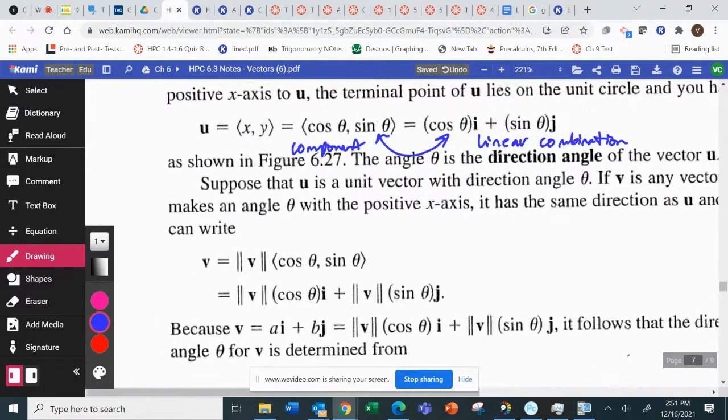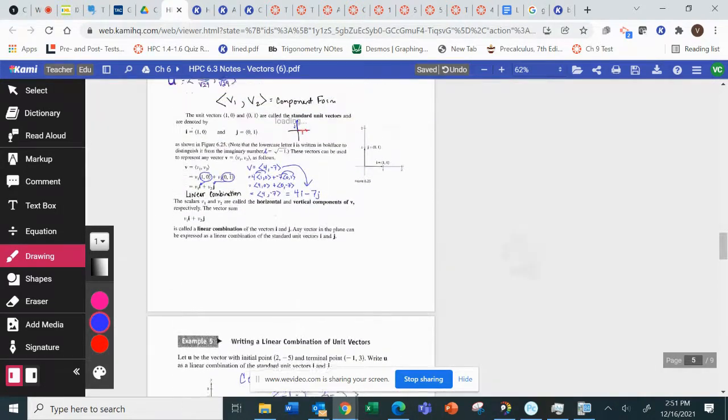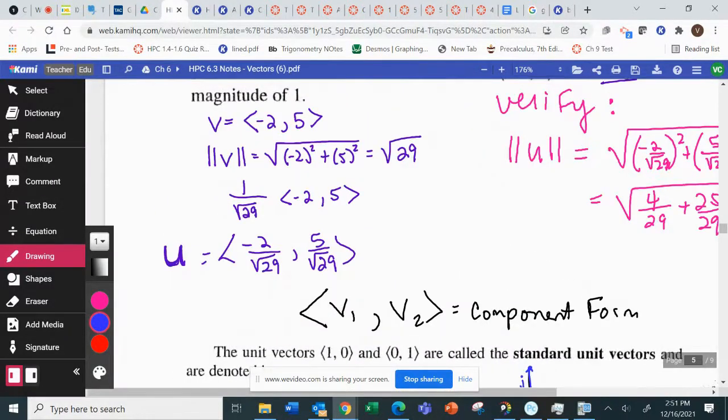Now, if it's not a unit vector, then we have a scalar on the unit vector to make that particular vector. So every single vector, we could write as a unit vector like we did back here, this u.